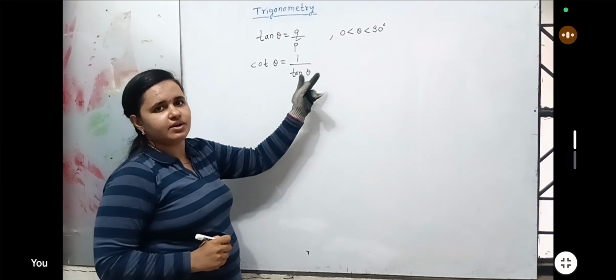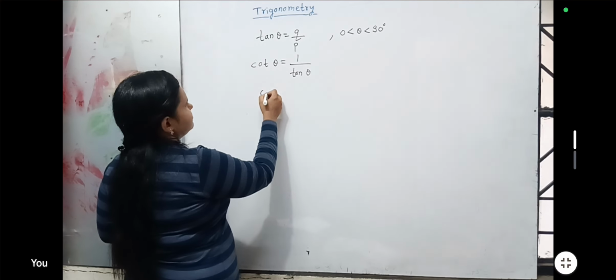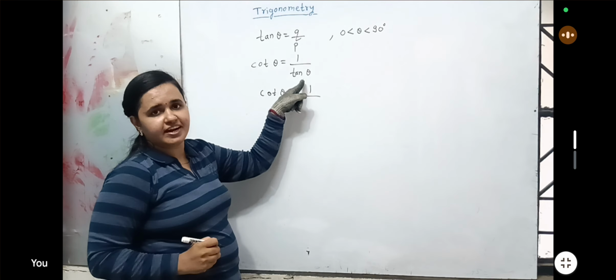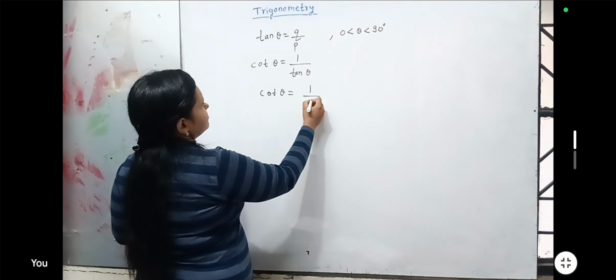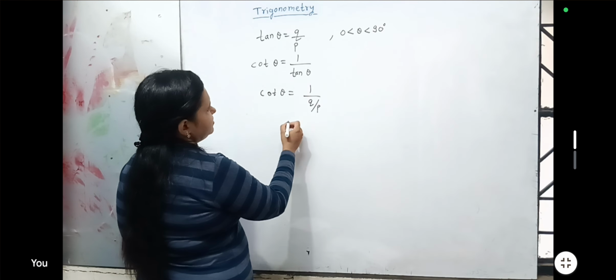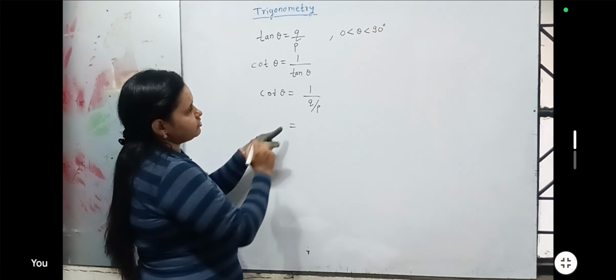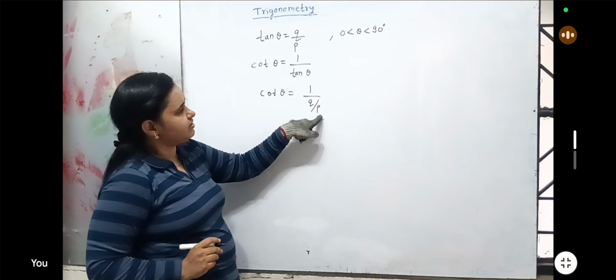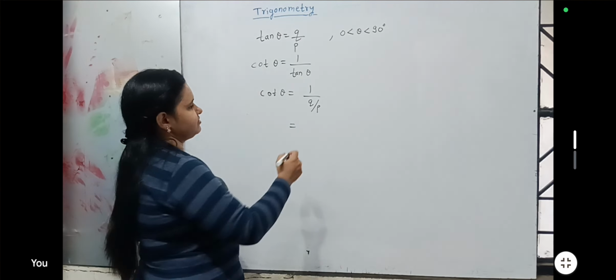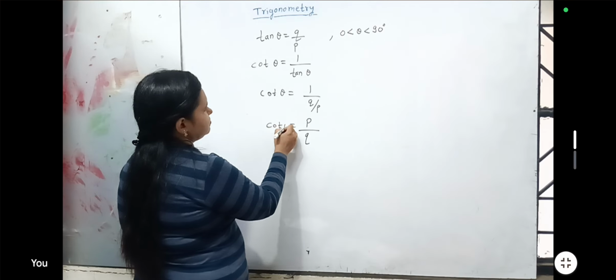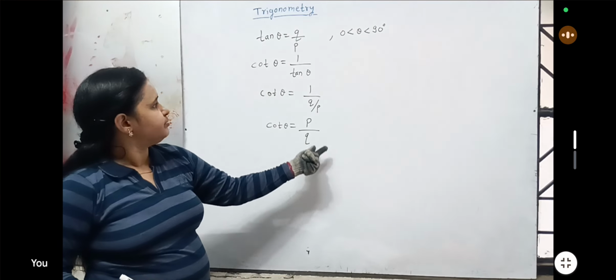So for cot theta we will put in the value of tan theta, q upon p. It is 1 upon q upon p. So the denominator of the denominator will go in the numerator. It will be p upon q. So we get cot theta as p upon q.